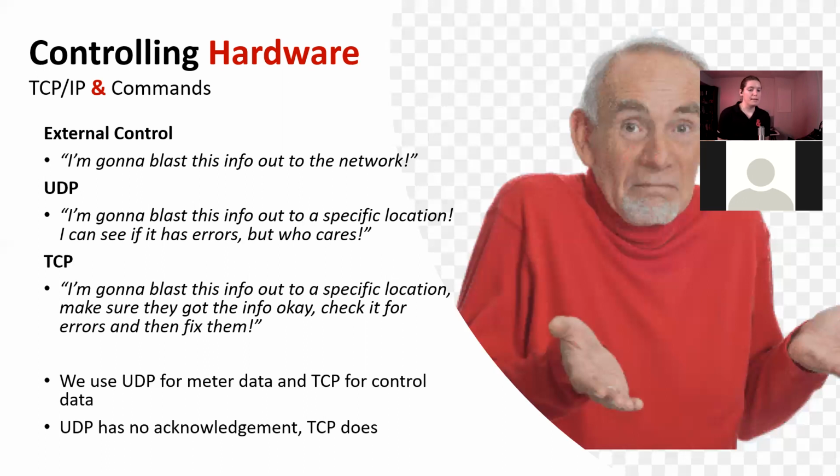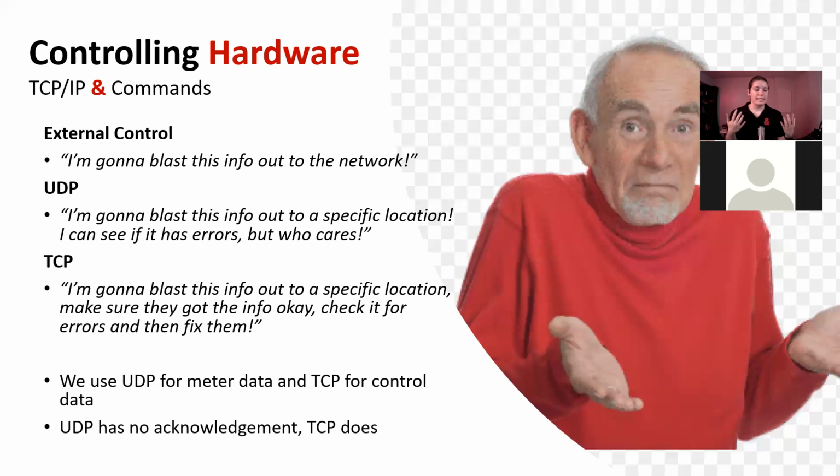So UDP is like the younger brother of TCP. We use UDP, for instance, for meter data. If you ever get that set up, the information for that is available on the knowledge base, but you can set up UDP to come and get meter information.